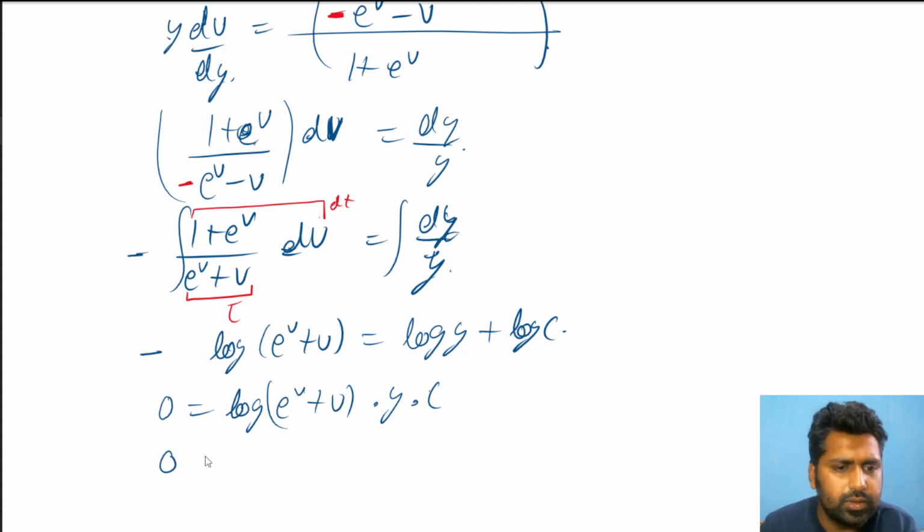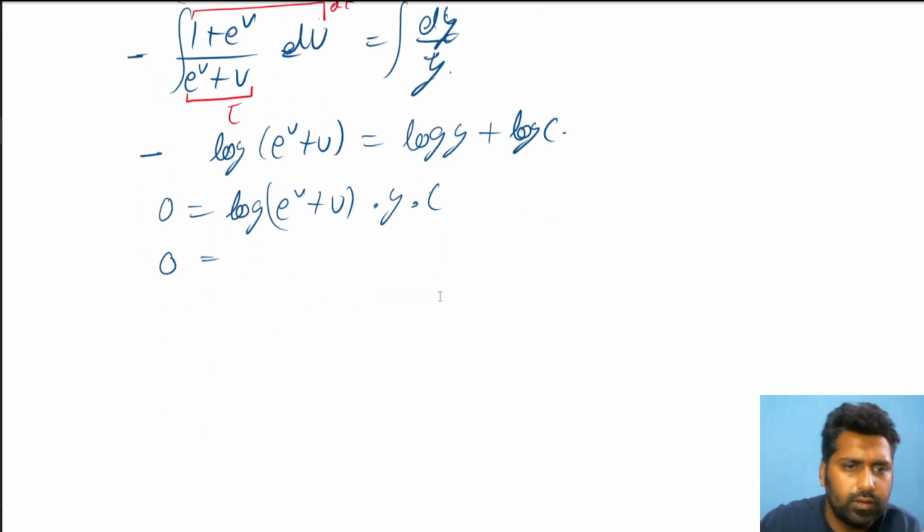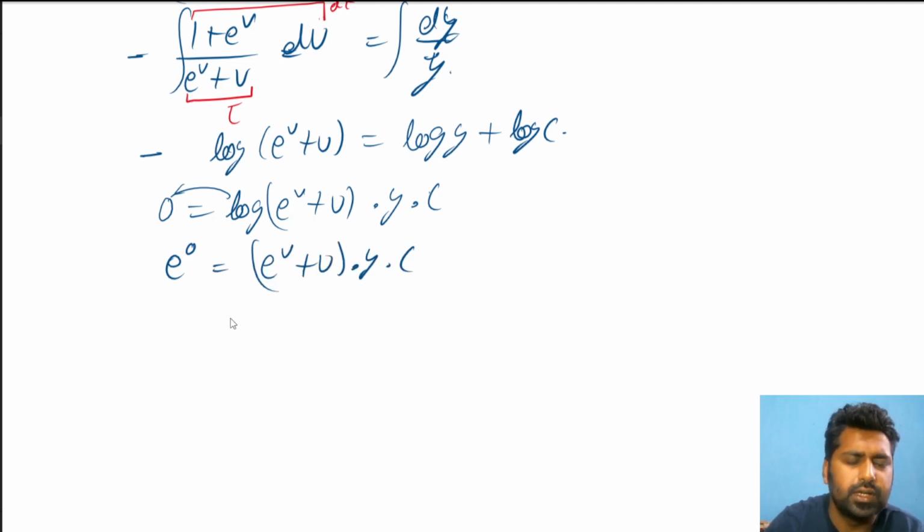So 0 is equal to, let's replace this log also. If we take log on the other side, it becomes anti-log, that's e. So this becomes e raised to power 0 is equal to e raised to power v plus v into y into c.